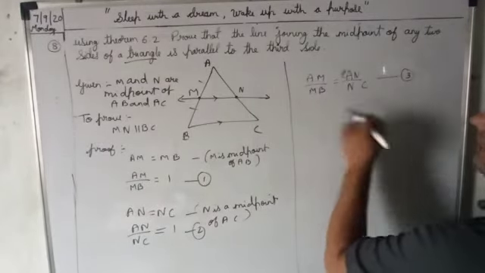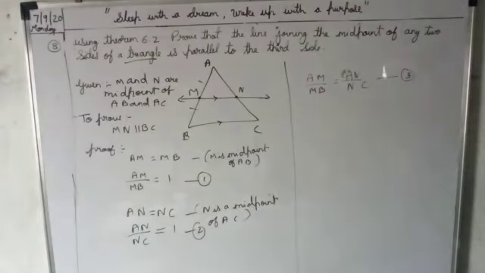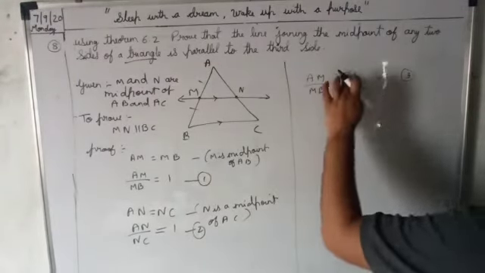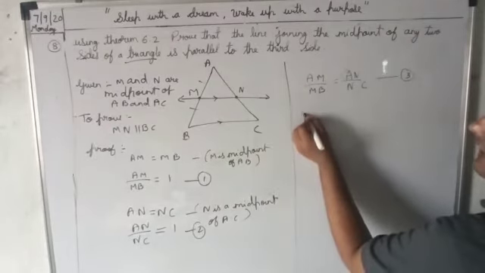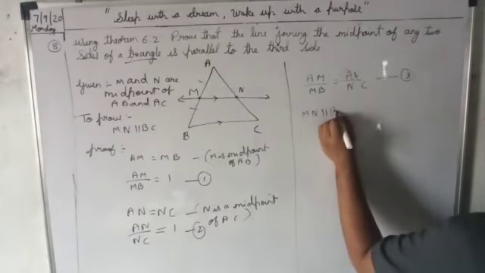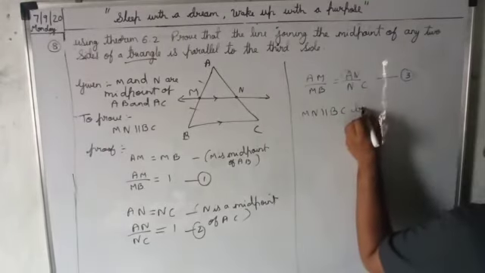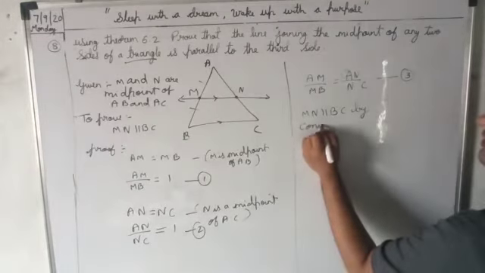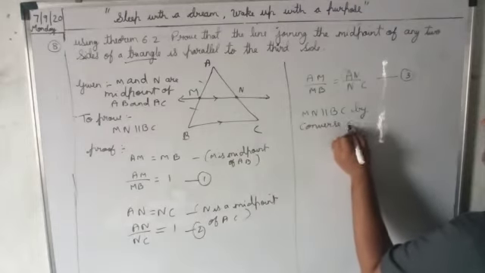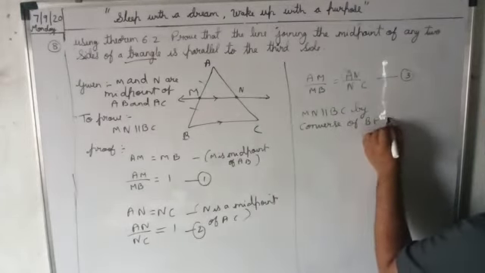Now, after that, what do we need to do? We need to do nothing. Just we need to say MN is parallel to BC. Why? MN is parallel to BC by converse of BPT, right?